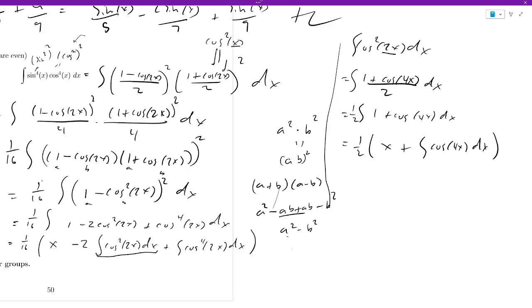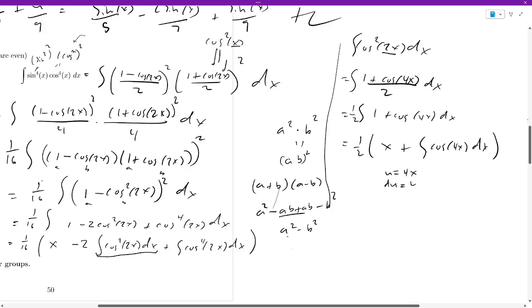Now it's tempting to just write sine here, but we should think about it, right? It's not cosine of x, it's cosine of 4x. I technically don't know how to integrate cosine of 4x. I just know how to integrate cosine of x. So we technically have to do a little u sub right here. Let's pick u to be that inside 4x, because I'd rather that just be a single variable u, right?